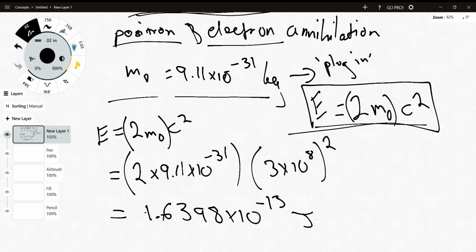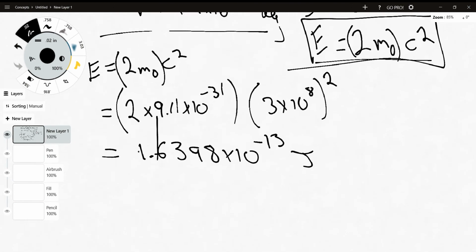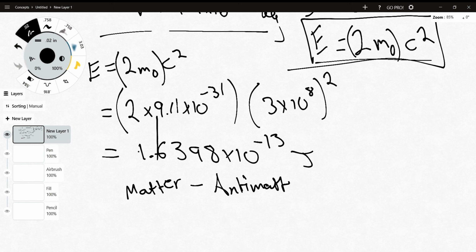And that is what happens when matter and antimatter annihilate.